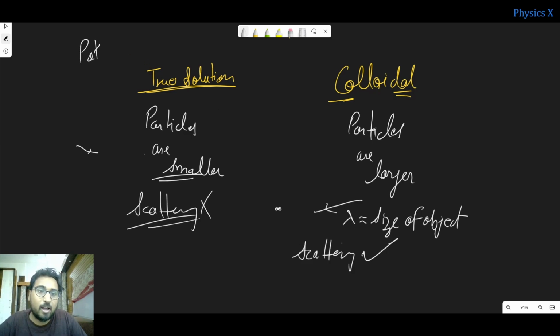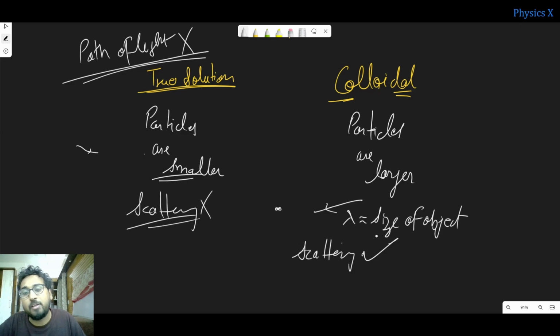The path of light won't be visible in a true solution because the size of the object is very small. In this case, the size of the object is large enough, comparable to the wavelength of light.